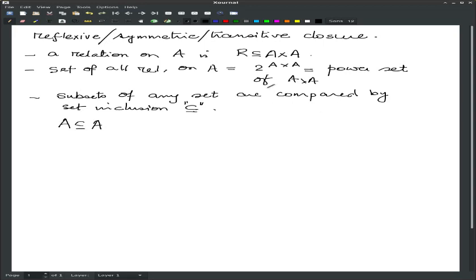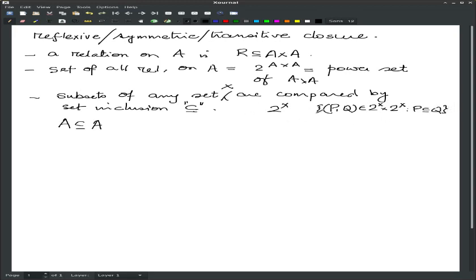So if you are looking into subsets of a set X, so on the set 2 to the power X, you are defining a relation, say (P, Q) belonging to 2 to the power X cross 2 to the power X, such that P is a subset of Q. Okay?